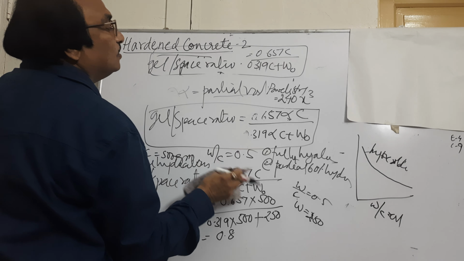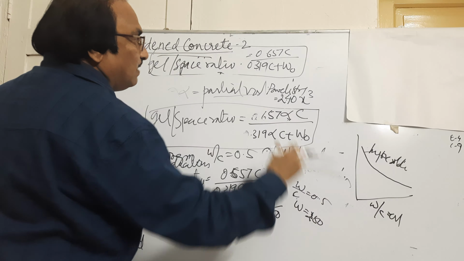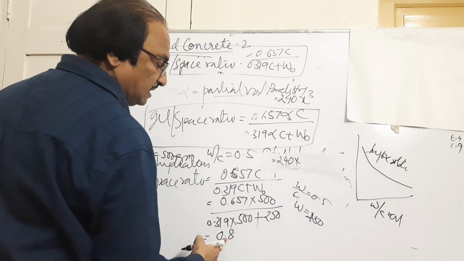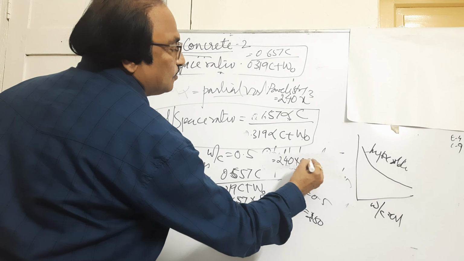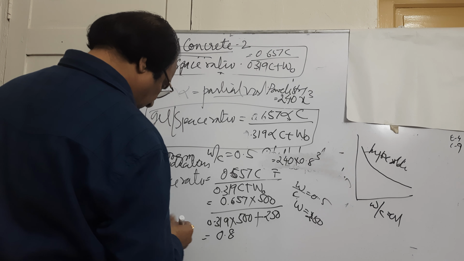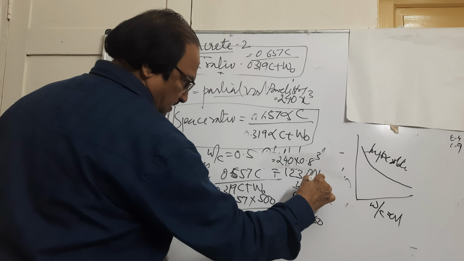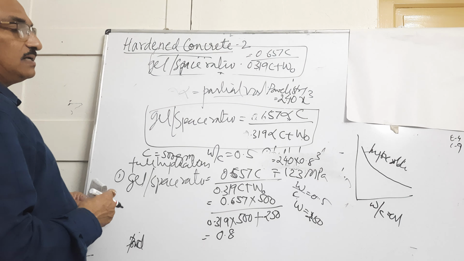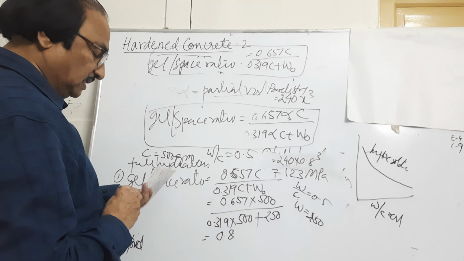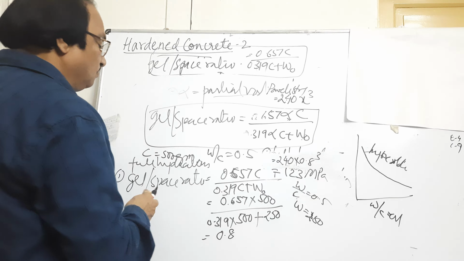So I write the value here: 240 into x, where x is the gel space ratio 0.8, raised to 3. If you simplify that, you get the strength as 123 MPa, or Newton per mm square. This is the strength of the concrete that we will be getting: 123 Newton per mm square. This is for 100% hydration.